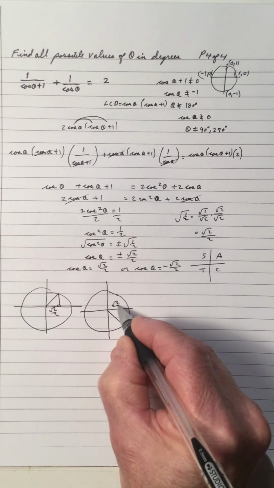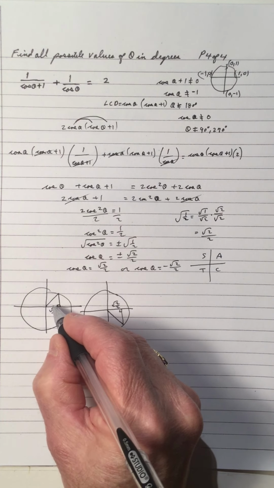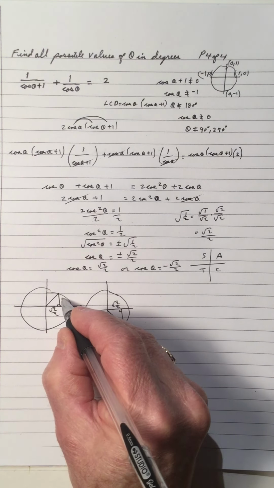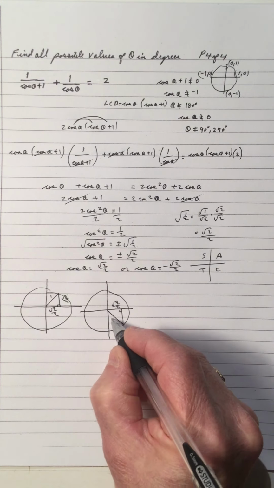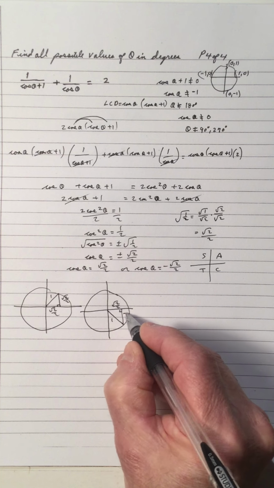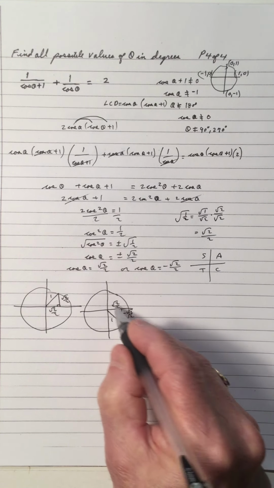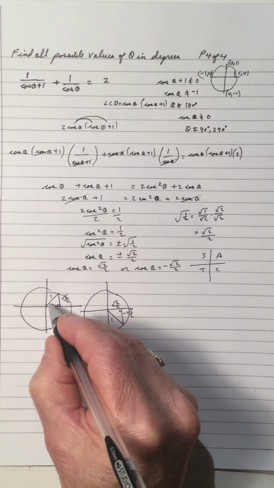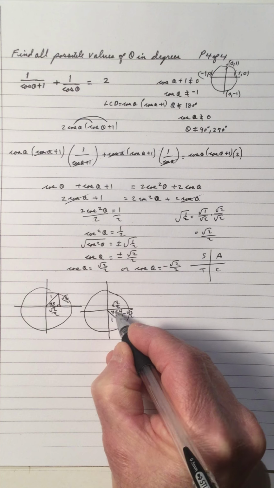X is root 2 over 2. And because it's root 2 over 2, automatically that means that this side here is 1. That's the hypotenuse. This side here is negative root 2 over 2. And because it's root 2 over 2, that's a 45-degree reference angle.